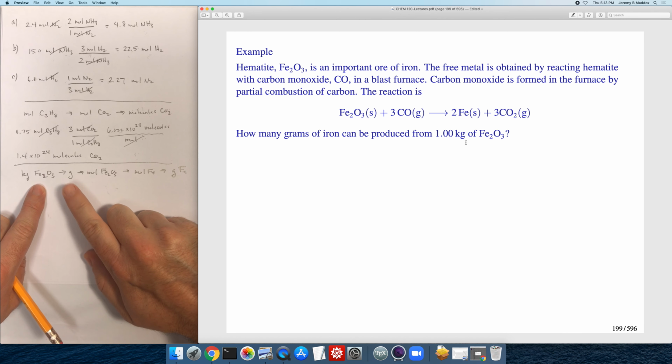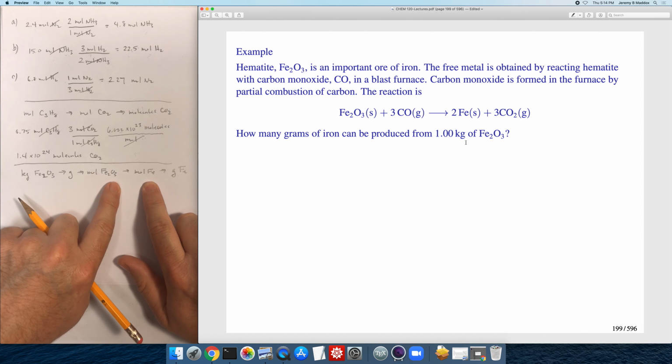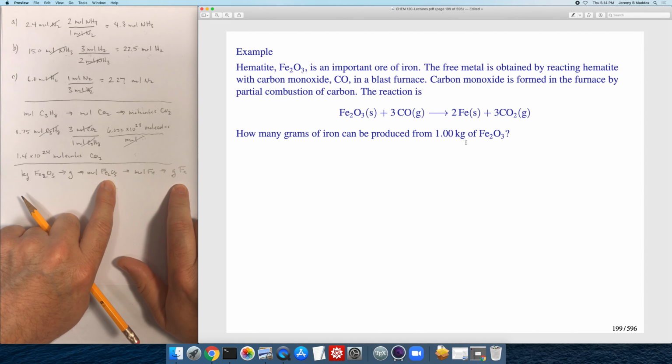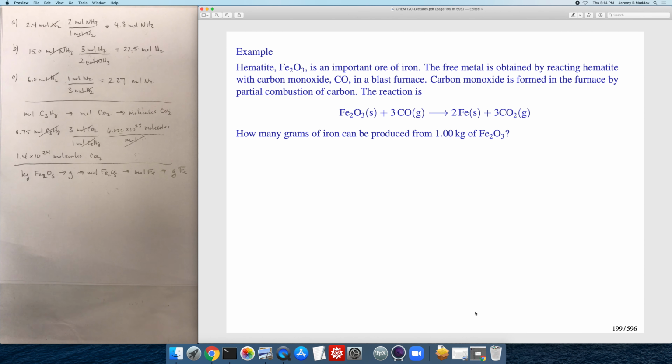That's an SI to SI conversion. We'll use the molar mass of the iron ore to calculate the number of moles of the iron 3 oxide. Then we'll use the stoichiometric coefficients to convert from moles of the ore to moles of iron. And then we'll use the molar mass of the iron, the atomic mass of iron, to calculate the grams of iron that we can produce.